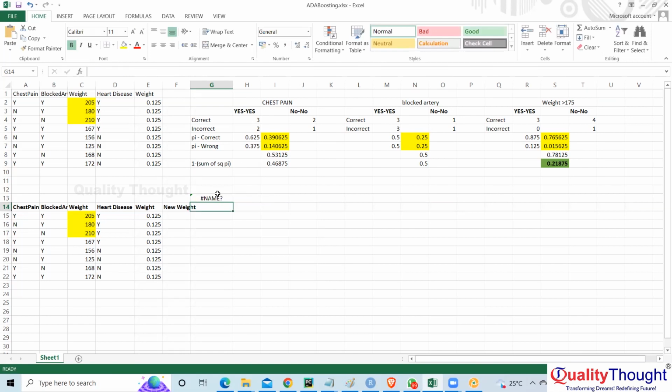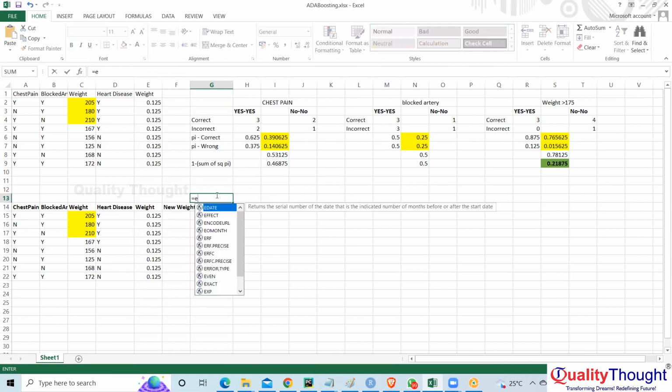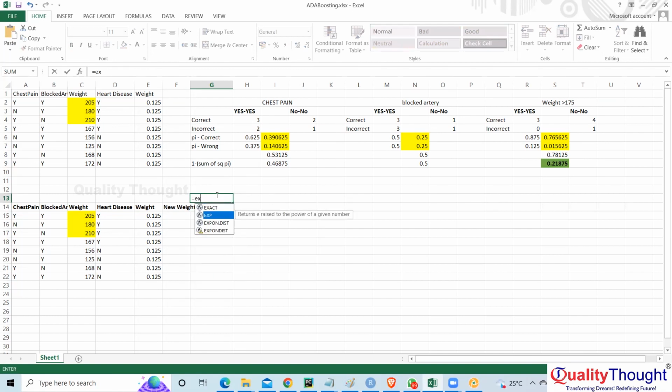Now we have to find e, that is the exponent. e raised to the power exponent of minus, and what was it, 0.88, right? The one that we got from the log of error. So this is 0.4 and the old weight is 0.24 here, right? For each of these, you have to calculate the new weight.